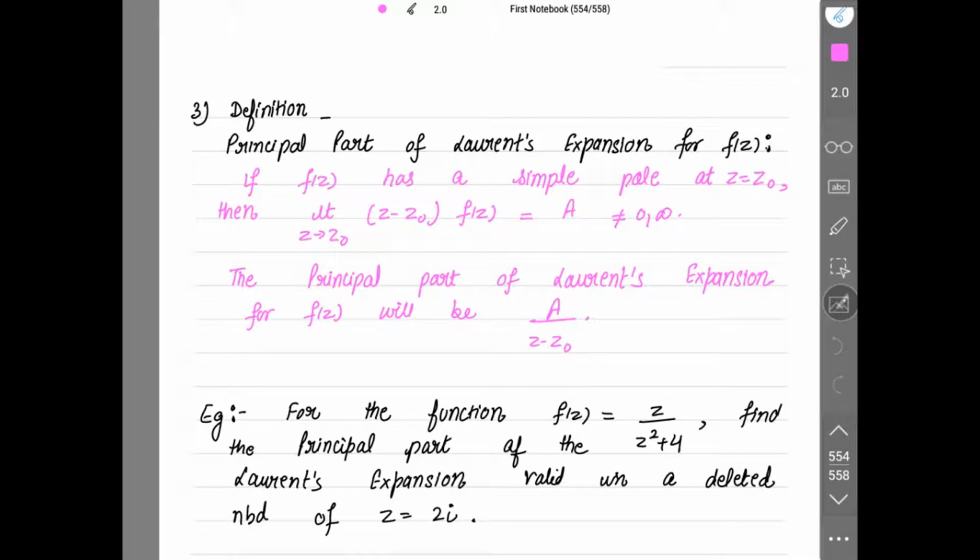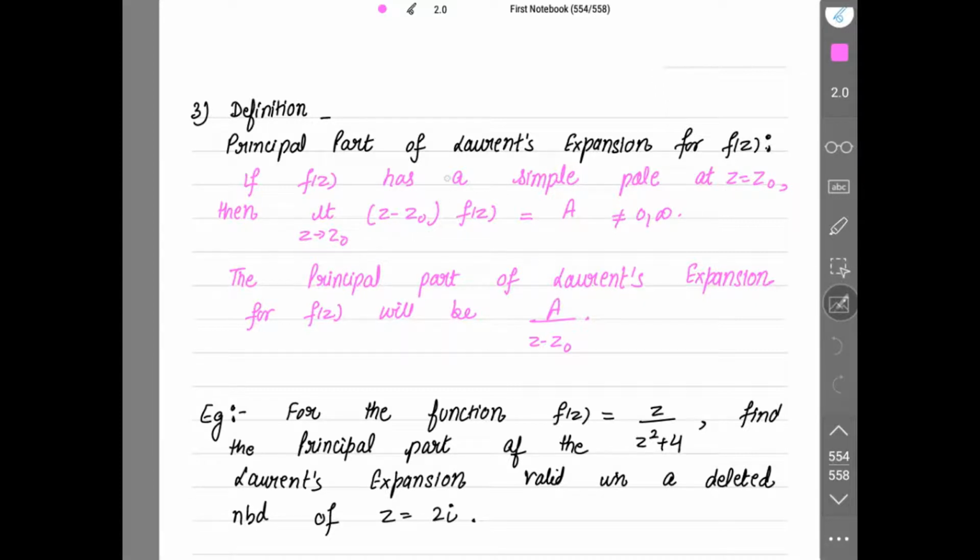Then the third definition, principal part of Laurent's expansion for f(z). If f(z) has a simple pole at z equal to z0, remember I'm talking about a simple pole, for n equal to 1, right? At z equal to z0, then we just now studied that limit z tends to z0, (z minus z0) into f(z).